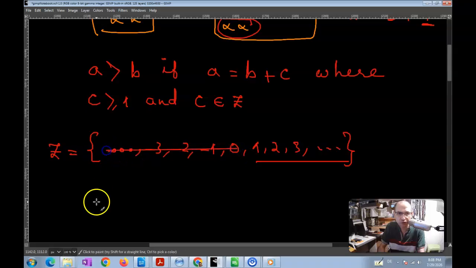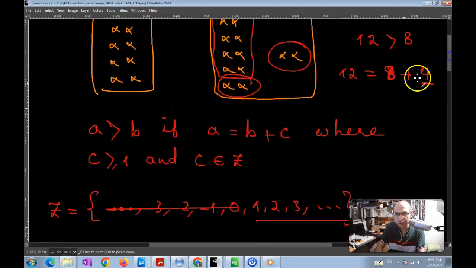So we are forgetting about this part, and we are saying that C belongs to this set, meaning that, for example, C is not supposed to be a 1.2 or a 1.253 or some real number like this. That's the reason why I've put this over here, to make things simpler. So that's basically the whole story.